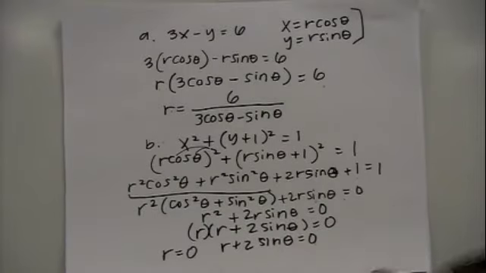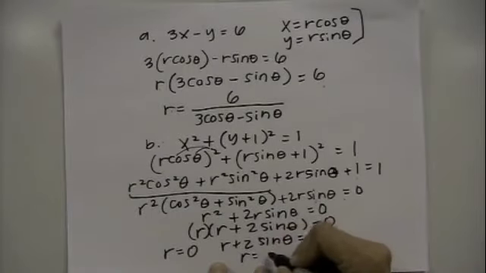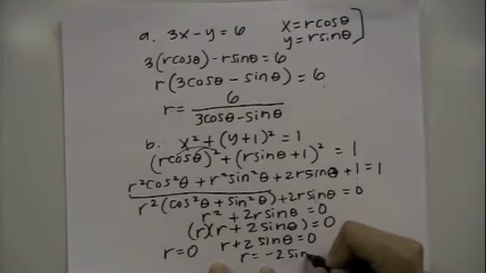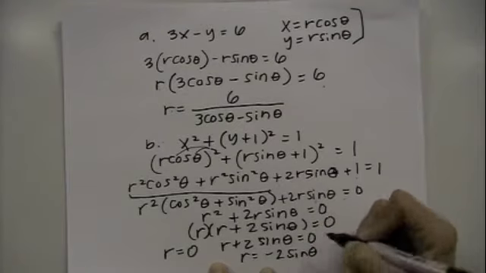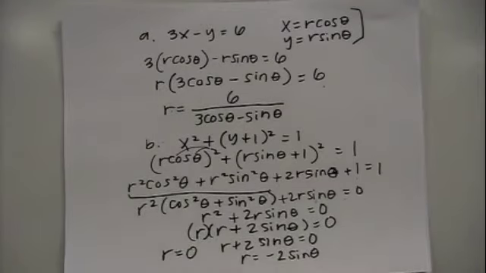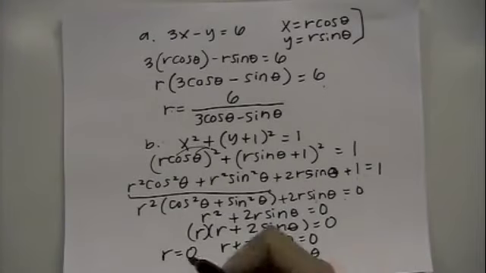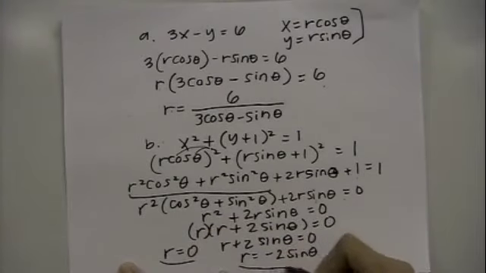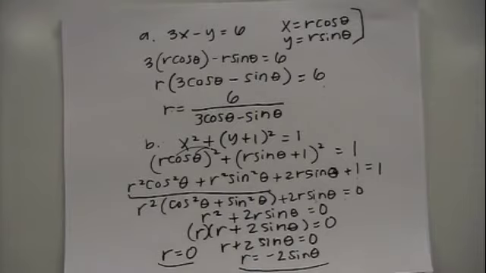If I were to solve this equation, I have two equations now, r equals 0 and r equals negative 2 sine theta.